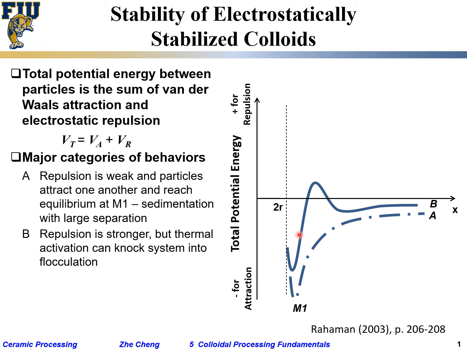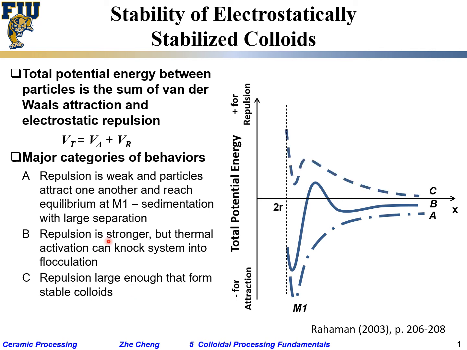Another behavior. For example, this could happen when you add a little bit of electrolyte to the colloidal suspension, but not enough. A little bit, not enough. Okay, and then another one would be, okay, the repulsion is large enough to form a stable solution. The stable colloids.